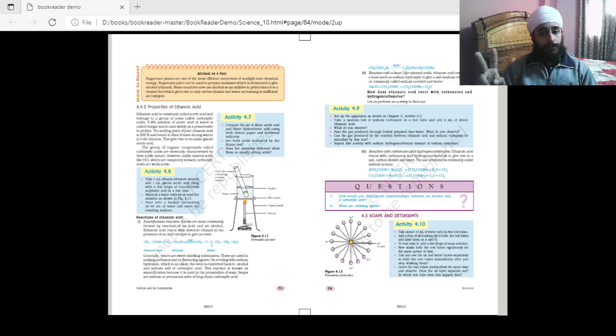We have discussed two functional groups, alcohol and ethanoic acid, that is, ethanol and ethanoic acid, from different functional groups.